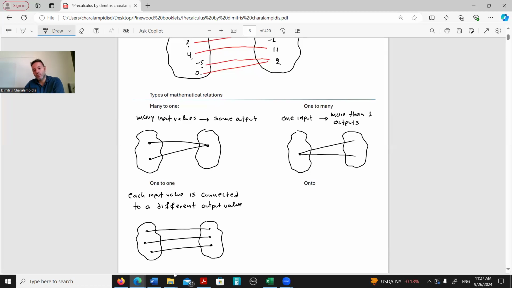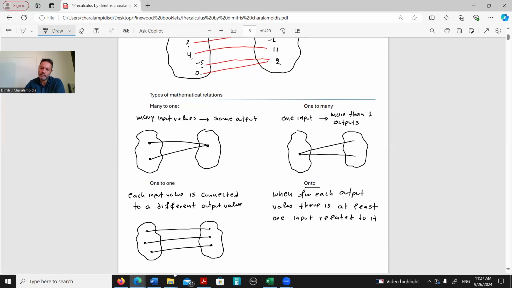Onto. Onto is when for its output value there is at least one input related to it.